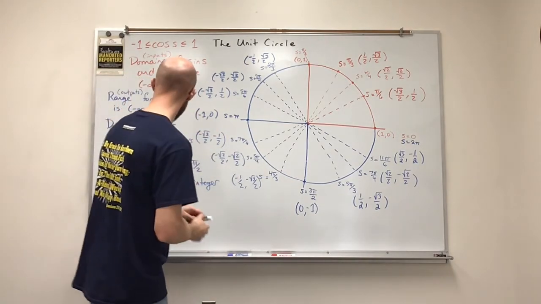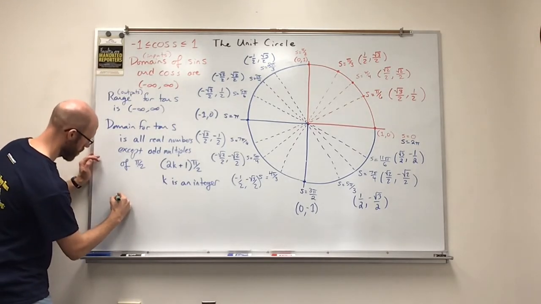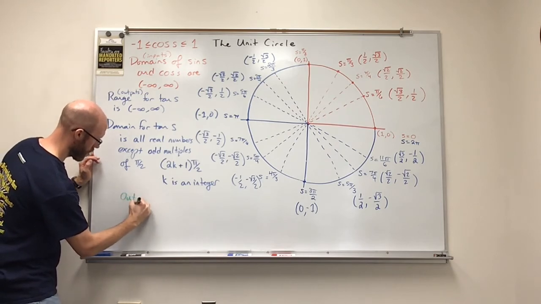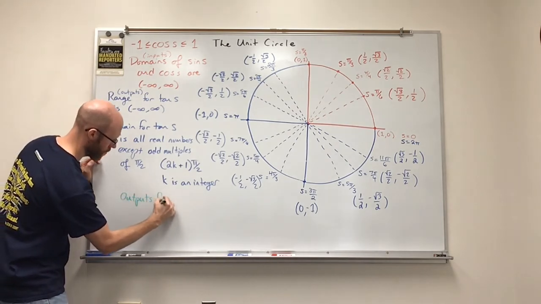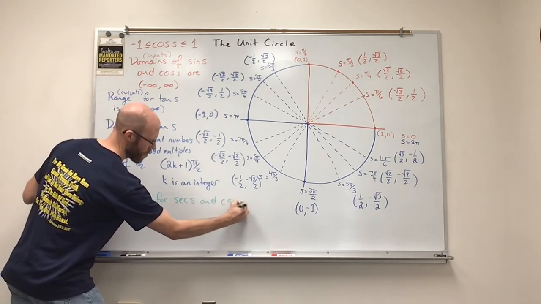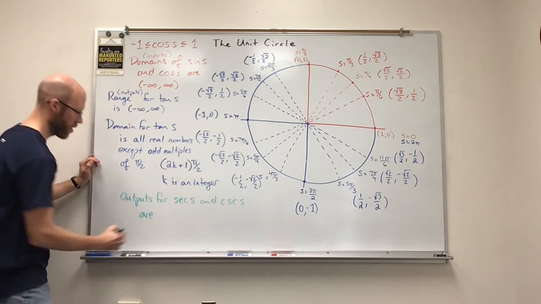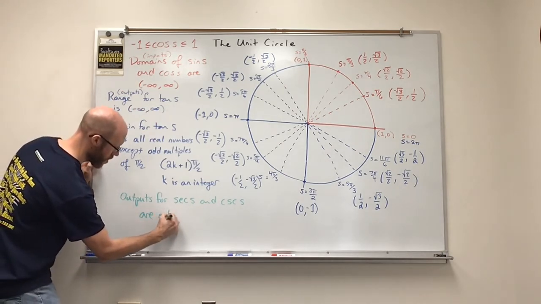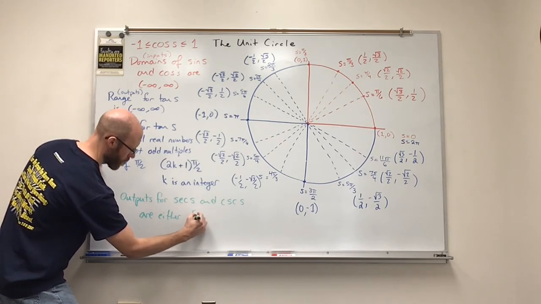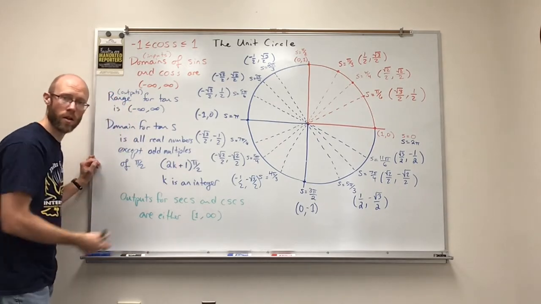And so what you end up with is the outputs for secant and cosecant are either, let's see, you had 1 to infinity, so everything greater than or equal to 1.